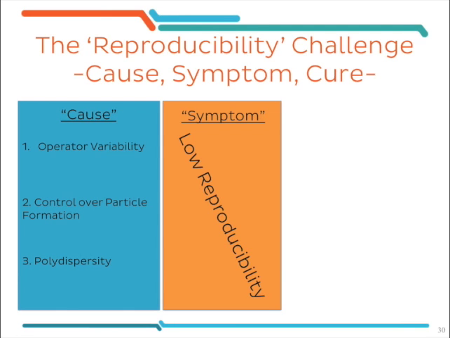And then third, in a lot of cases, we don't actually pay enough attention to the particle quality itself, notably to the size distribution, for example. And further down the road, when we get into our cell and in vivo experiments, this can lead to misleading results and also, by that, low reproducibility.